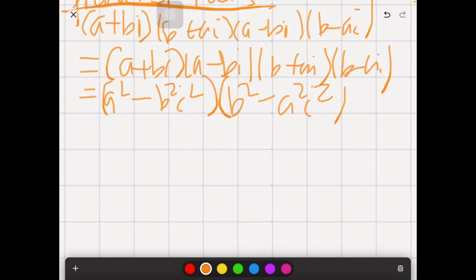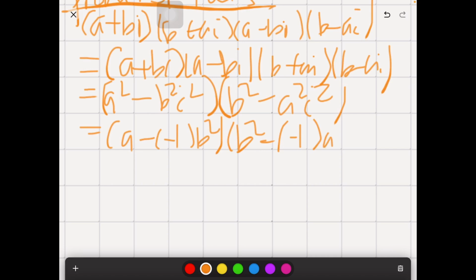Okay, so now we know that i squared is equal to -1. So we can replace every i squared with -1 as the next step. And this cleans up very nicely to just, oh, I lost a squared here.